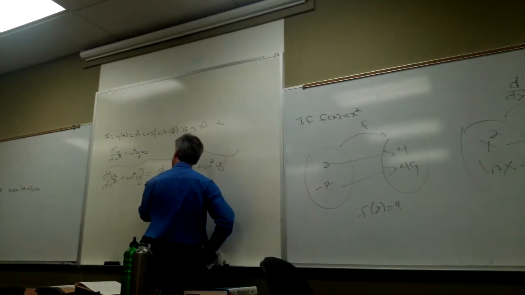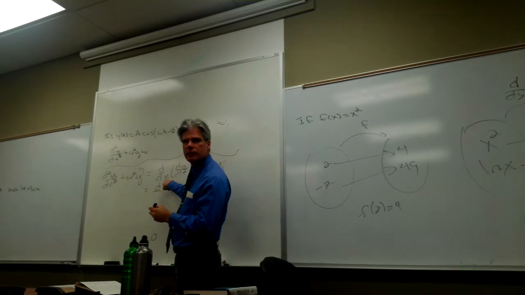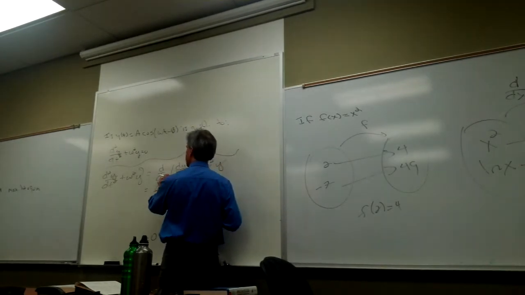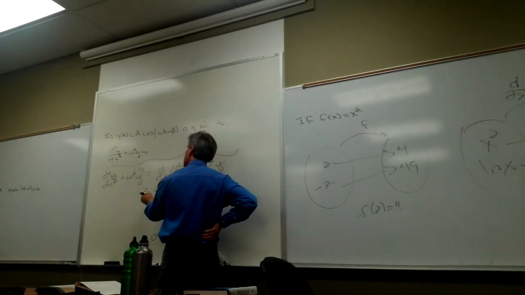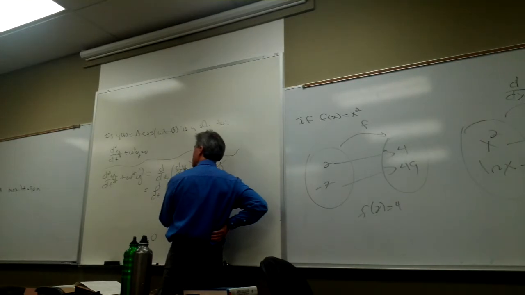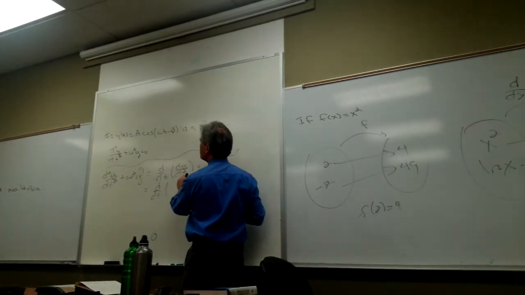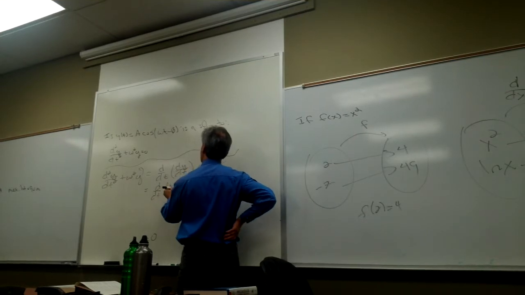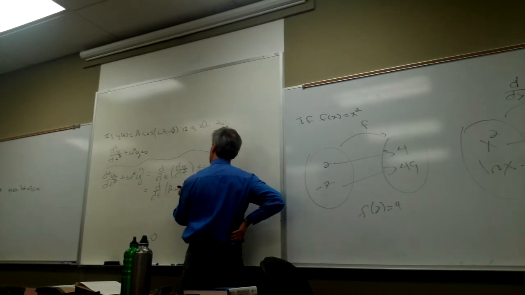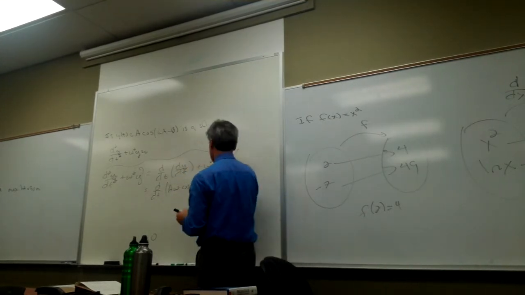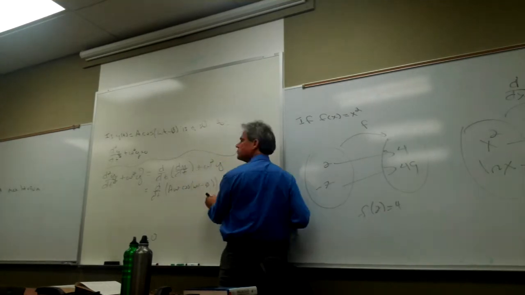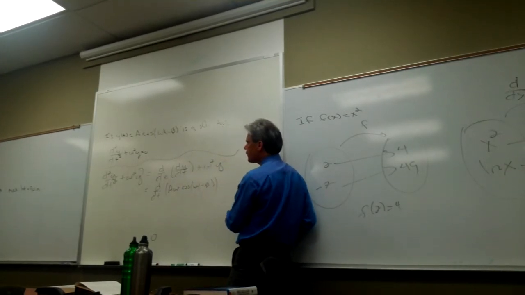It's t, not an x. But that means I'm differentiating with respect to t. Differentiate y with respect to t, doesn't that just simply give me an a omega times the cosine of omega t minus b? Oh shoot, I forgot my second term. Plus an omega squared times y, which has this alternative name.